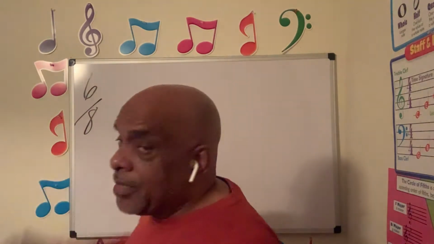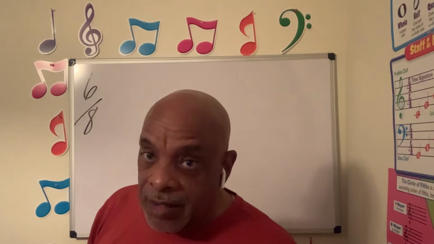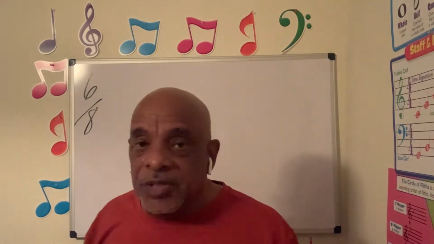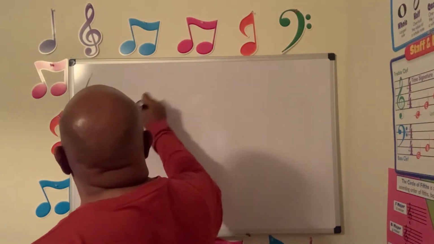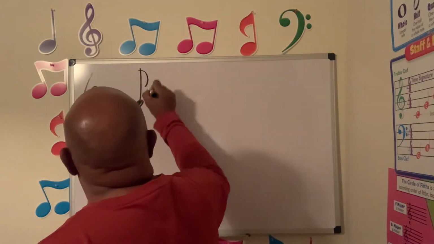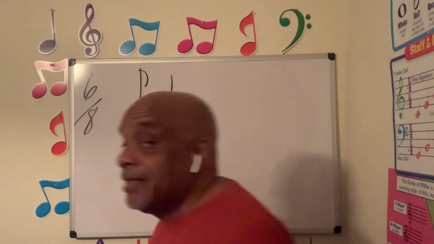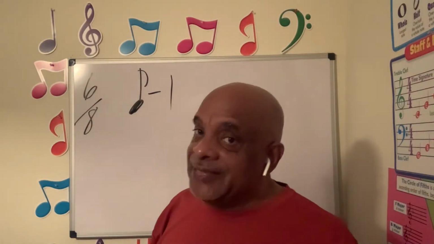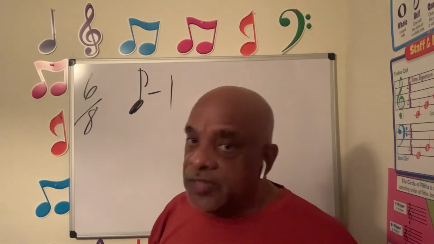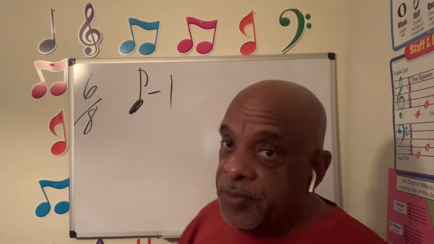But it's that bottom number that changes. The 8 tells me that the 8th note is going to get 1 beat. One more time: in 6/8 time, the 8th note is going to get 1 beat.